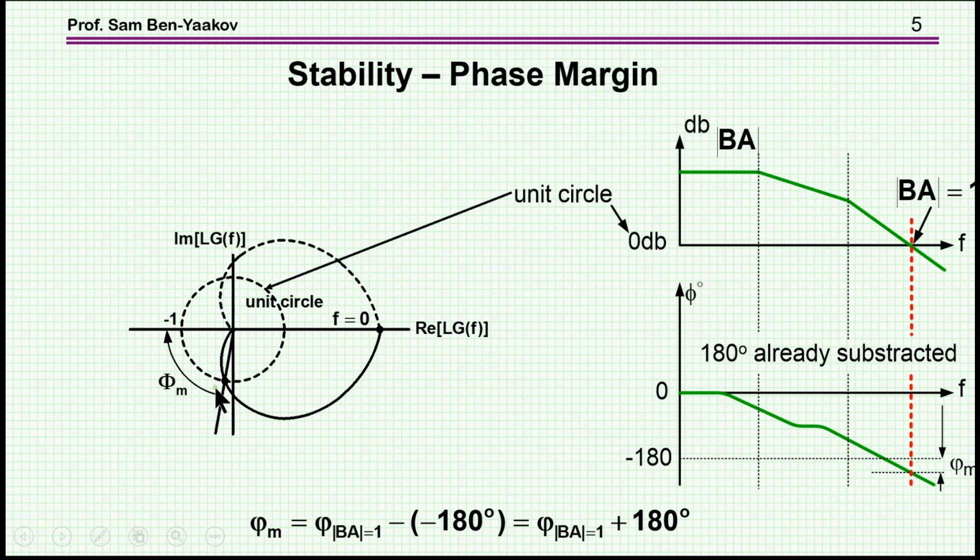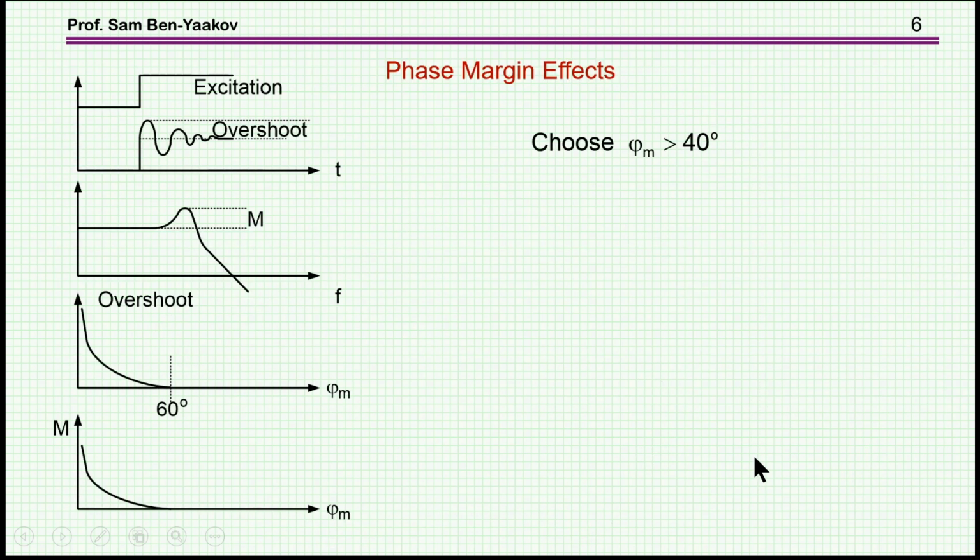And we look at the phase. This is the total phase, and as we know, the phase margin, that is the distance from 180 degrees, is a measure of stability. In particular, if the phase margin is too small, then for a step excitation we have an overshoot, and in the frequency domain we have a sort of high Q behavior with a peaking here.